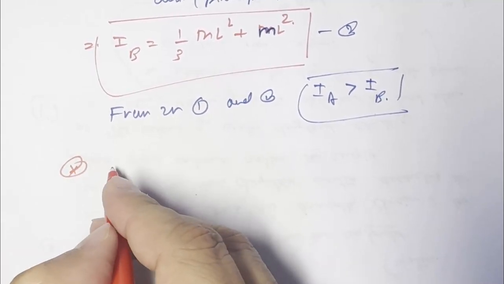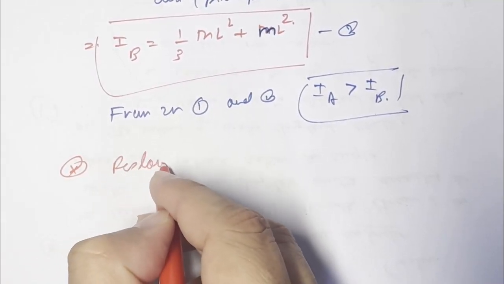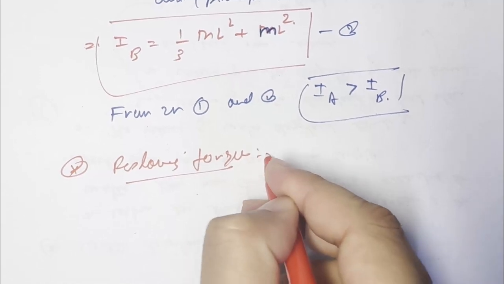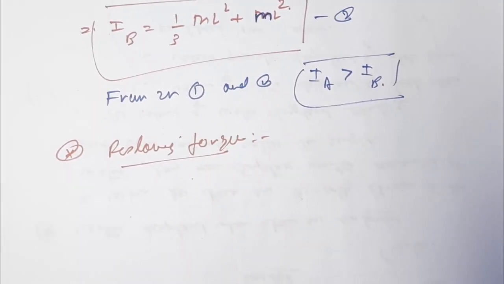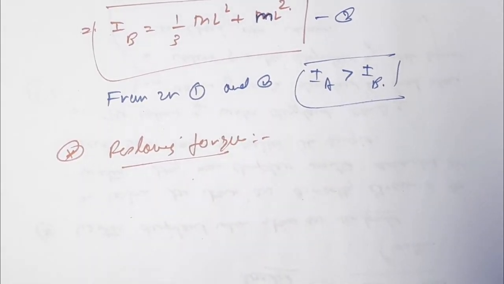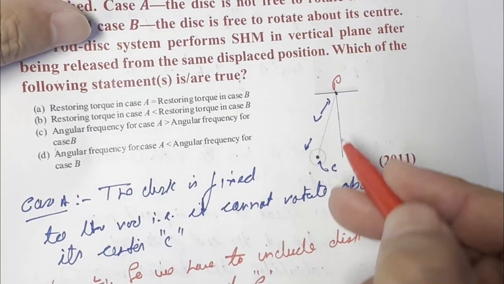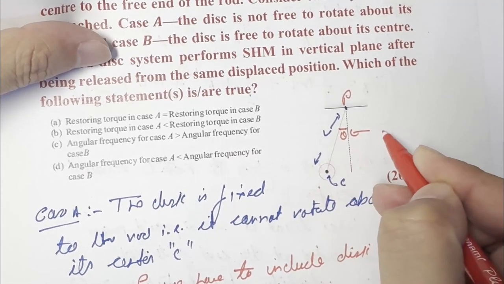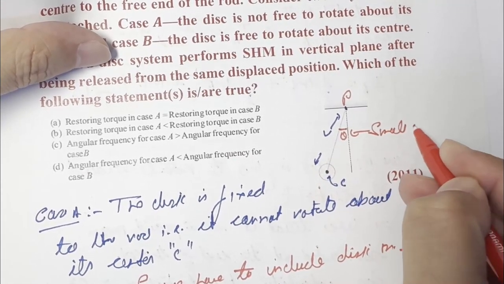So first we find the restoring torque. We consider a small angle theta to which it is being displaced. So this is theta angle, and we have considered this a small angle.